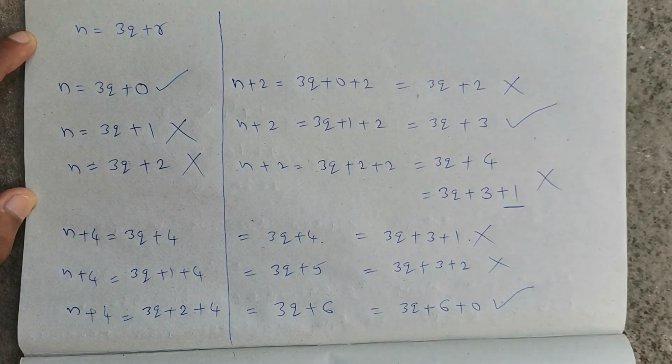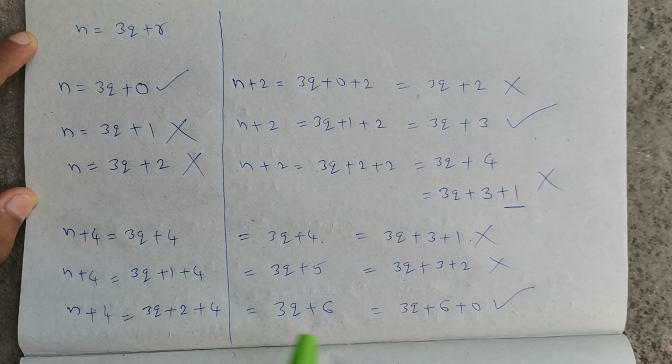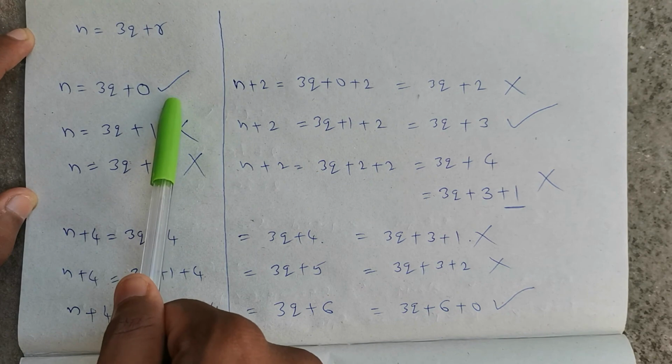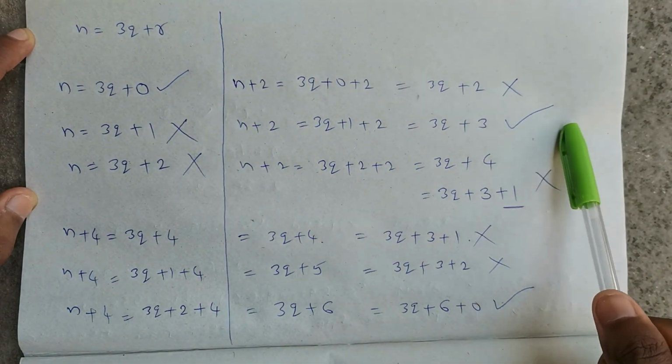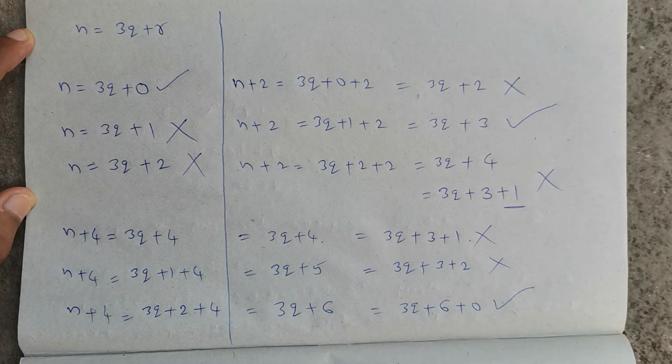Yes, it is divisible by 3. Now one and only one out of n, n plus 2, n plus 4 is divisible by 3. In the first case, only 1 is divisible by 3. In the second case, only 1 is divisible by 3. Even in the third case also, only 1 is divisible by 3. Thank you.